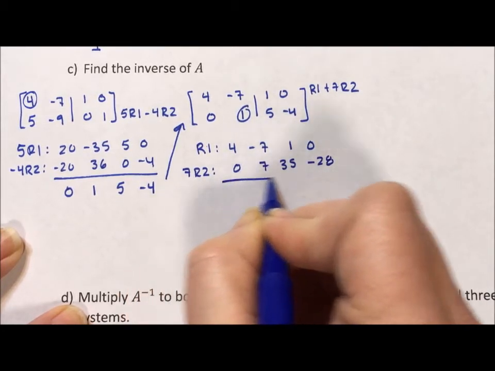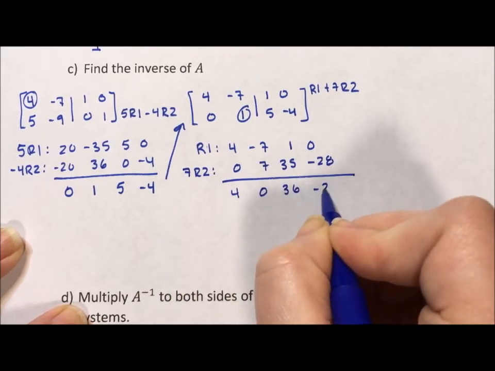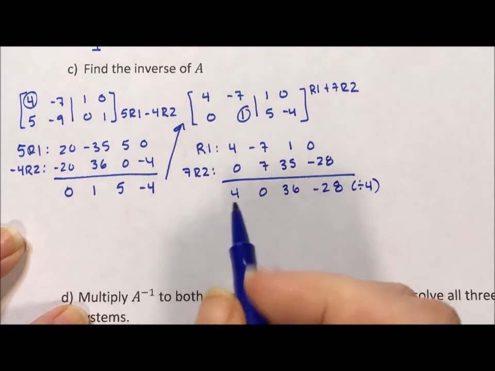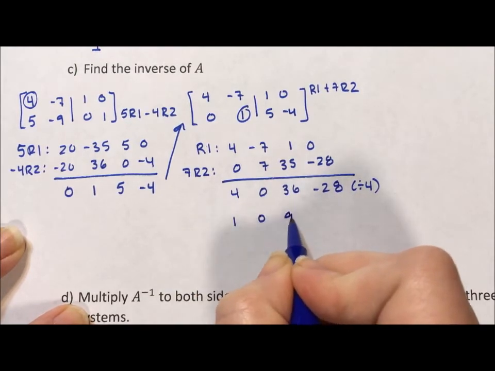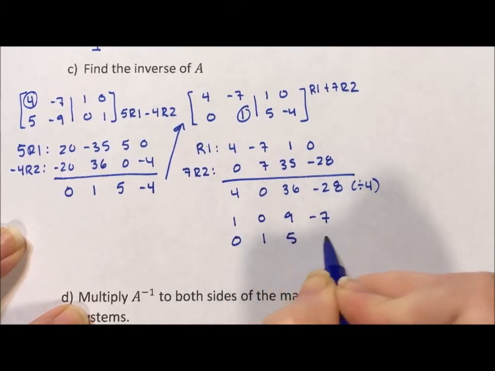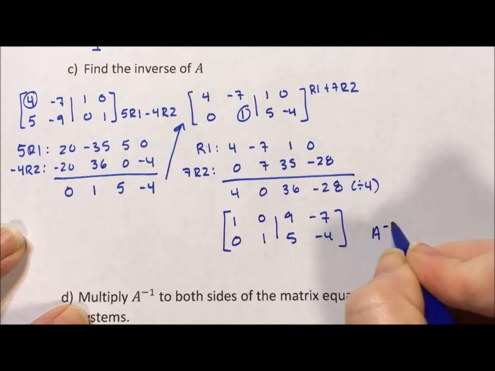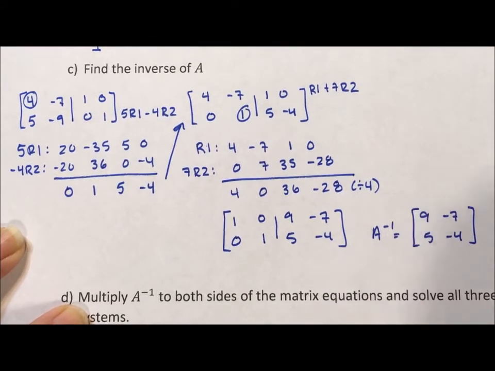When we add down, we get 4, 0, 36, -28, and we will divide through by 4. So our new row 1 is 1, 0, 9, -7. Row 2 is 0, 1, 5, -4, which means the inverse of A is 9, -7, 5, -4.